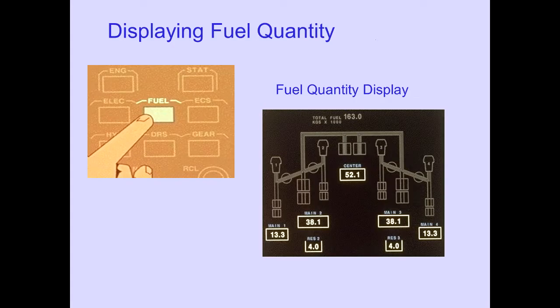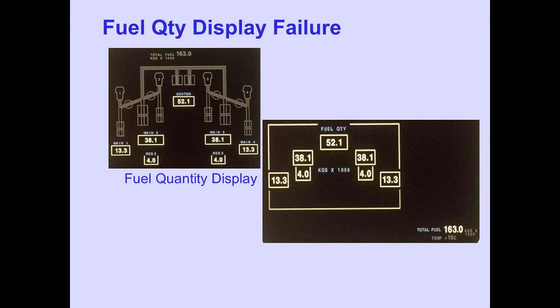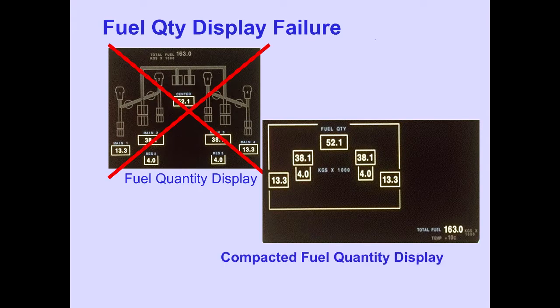Pressing the fuel switch on the Display Select panel displays the fuel quantity in each tank. Total fuel quantity is displayed on ICAS and the fuel quantity display. If the fuel quantity display is not available, the fuel quantity in each tank is displayed on the compacted fuel quantity display.